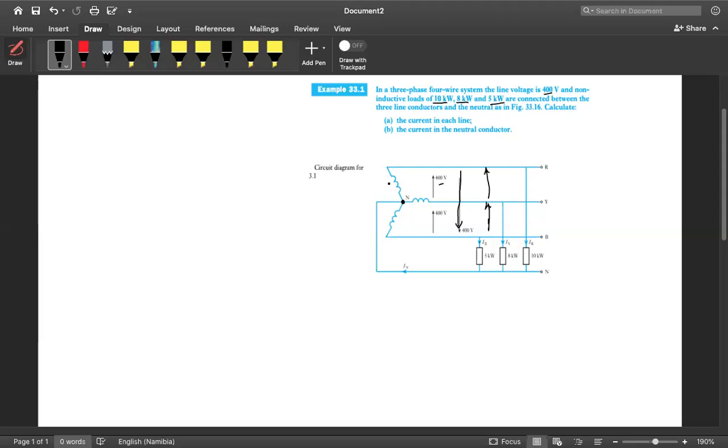The loads are connected between the neutral and the other node, so they are also star connected. But I can redraw it so that you can really visualize how these things look.